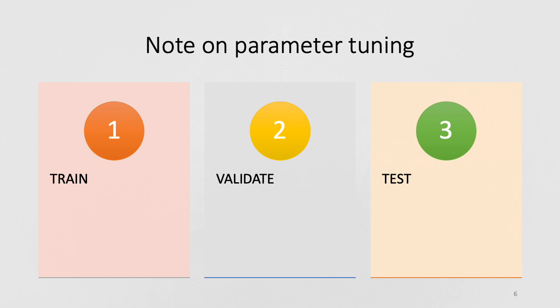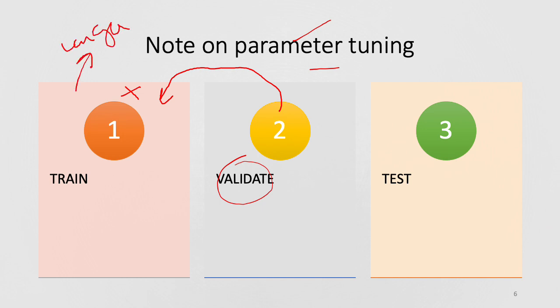Now, once the validation stage is done, and you are satisfied with the results that you have achieved, and you finish the parameter fine-tuning stage, then you are allowed to put the validation data back in and join it with the training data to create a larger set, and then you retrain your model again, and then go ahead and test, okay?